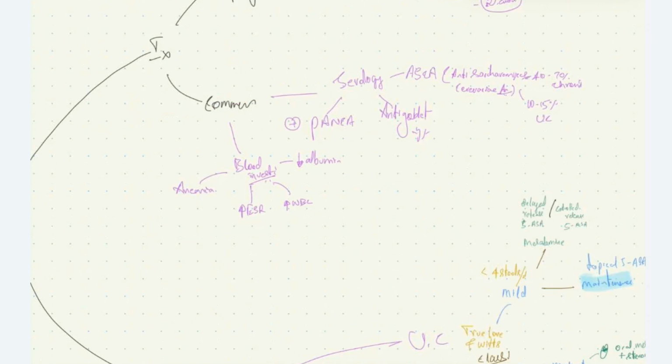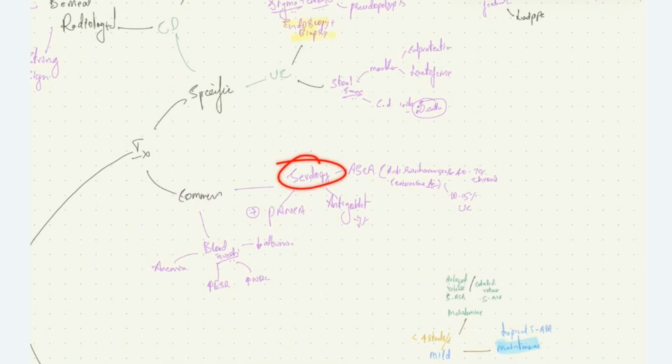On blood investigation, in both of these diseases, we see anemia, raised ESR, and raised WBC count. These two are due to inflammation. Anemia is due to blood loss, the hemorrhage, and there is also associated vitamin B12 deficiency due to malabsorption. On serology, we have anti-Saccharomyces cerevisiae antibody, that is against the yeast, in 40 to 70% of patients with Crohn's disease.